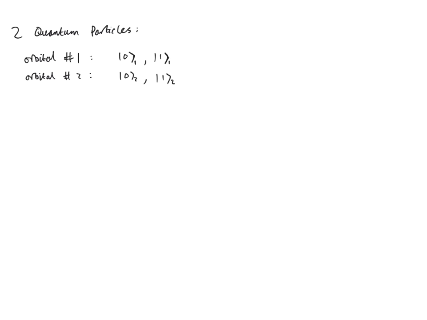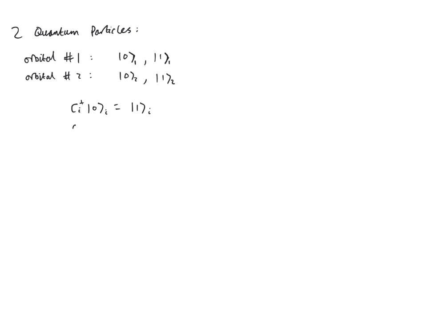For this two-dimensional Hilbert space associated with orbital 2, for each of these orbitals, I have associated creation and annihilation operators, which behave in the way that we might expect for a single particle. So I can write things like Ci dagger acting on an empty state in orbital i gives me the one state in orbital i.